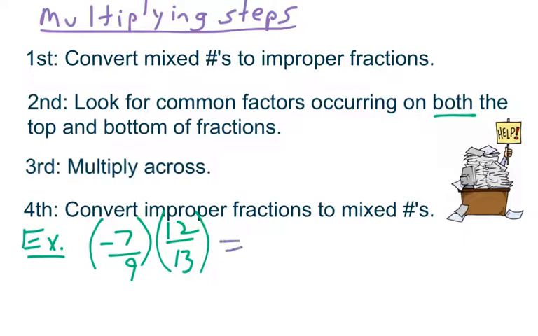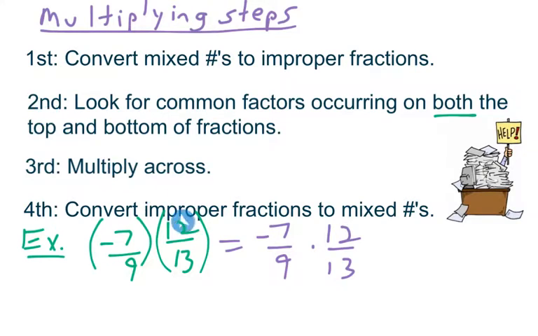So I'm going to rewrite this as -7/9 times 12/13. And I'm looking for common factors. The reason I'm already on step 2 is because step 1 doesn't apply. These are both going to be proper fractions. I don't have any mixed numbers here. So I'm on to step 2.